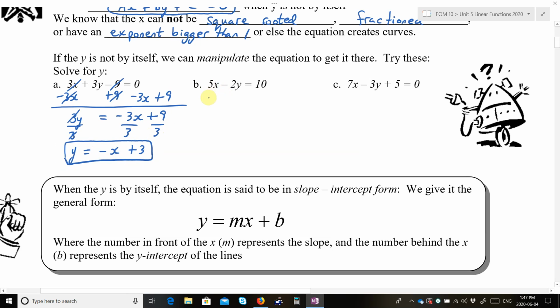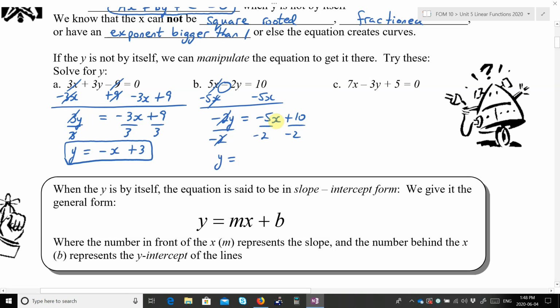In letter B, that's positive 5x, so we would subtract 5x from both sides. And we have negative 2y. You have to keep that sign in front. And over here we have negative 5x plus 10. I'm writing it that way because you want to have the x term first and then the constant. To get y by itself, divide both sides by negative 2.